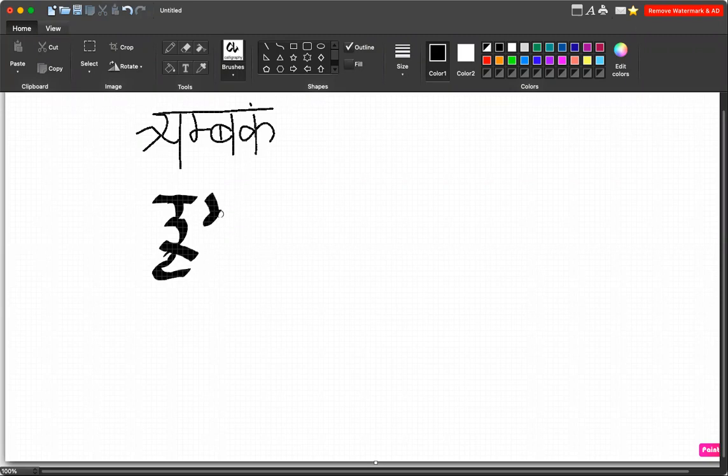Then there is ma, because ma is half, so that is ma. Ba would come below it. And then there is ka, and bindi. So this is how you would write. But as I said, if you could park this, I'll post this word in all the groups in case there's any correction at my end.